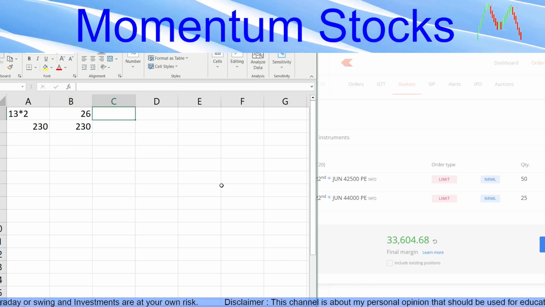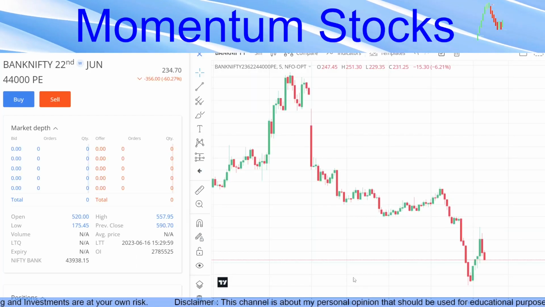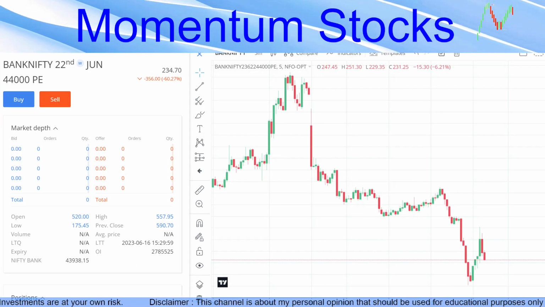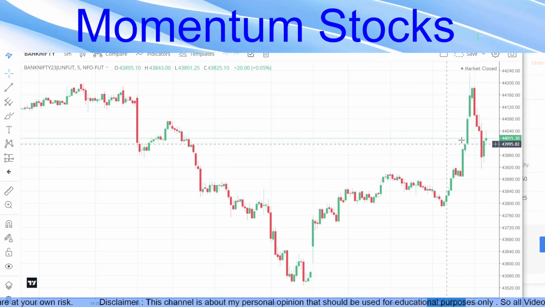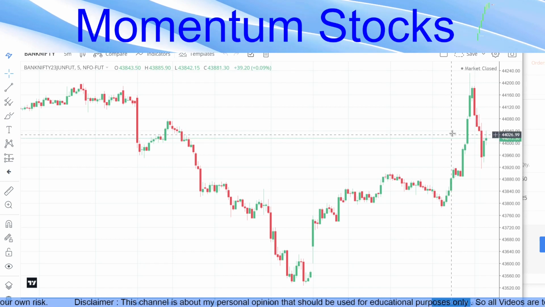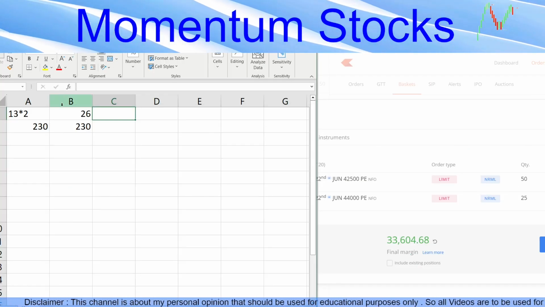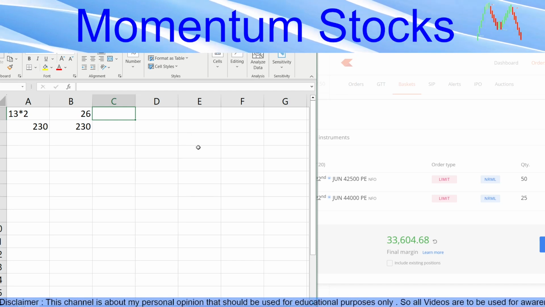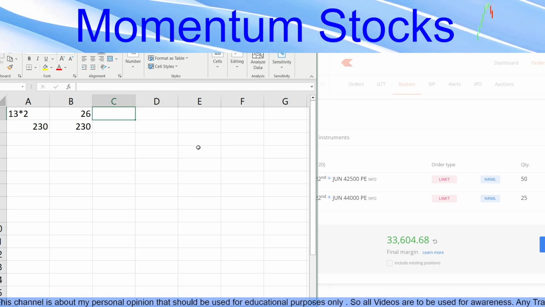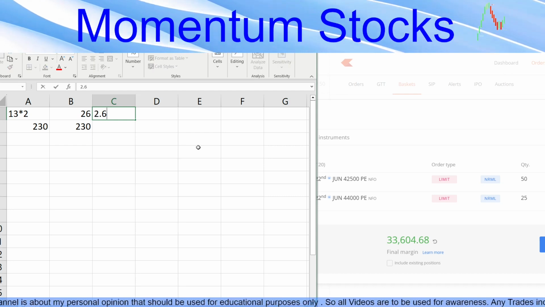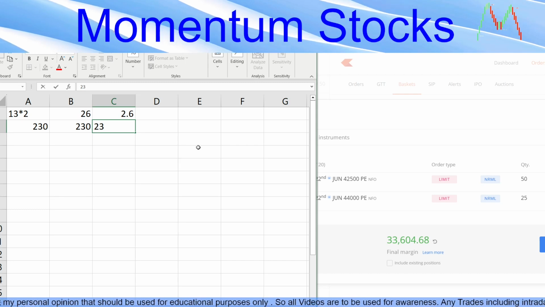So now, in case for whatever amount of time bank nifty is continuously sideways, what will happen if it is staying at the same level? In that case, both these premiums will lose 10% each. So 10% of 26 is 2.6 and 10% of 230 is 23.